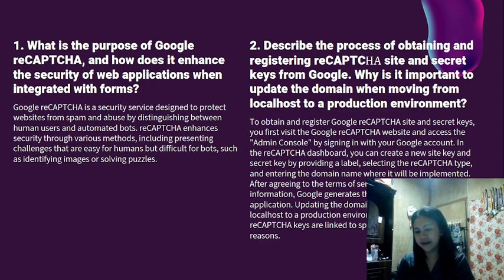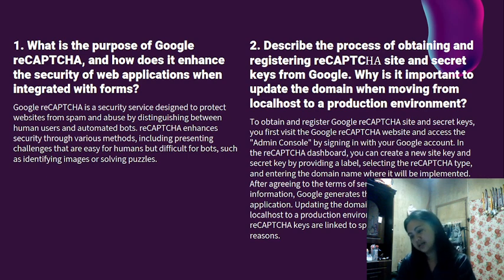So reCAPTCHA enhances security through various methods, including presenting challenges that are easy for humans but difficult for bots, such as identifying images or solving puzzles. So its primary purpose is to prevent malicious activities such as automated form submissions, fake registrations, and spam comments, thereby maintaining the integrity of web applications.